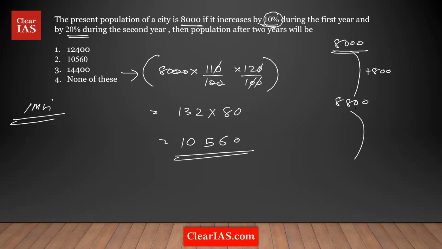Correct? So 880 into 2 will give you 20%. That is going to be 1760. Because 800 into 2 is 1600, 80 into 2 is 160, 1760. You can add it, so it becomes 10560. Same answer you get. That's one way you can do it.